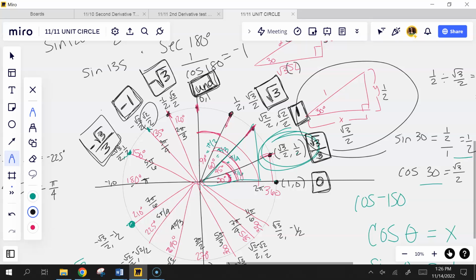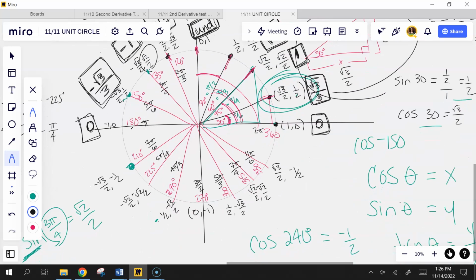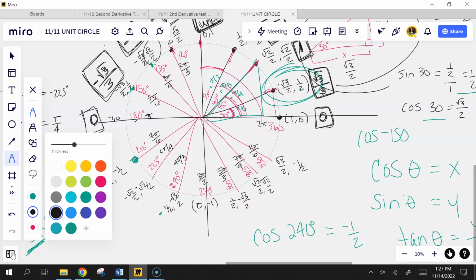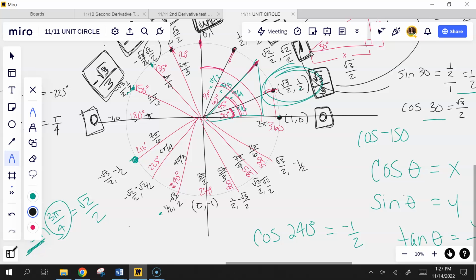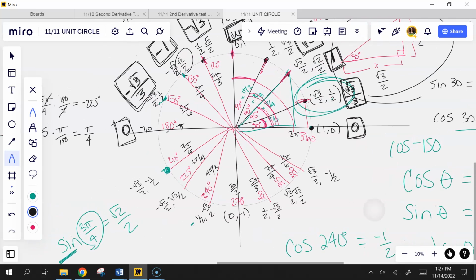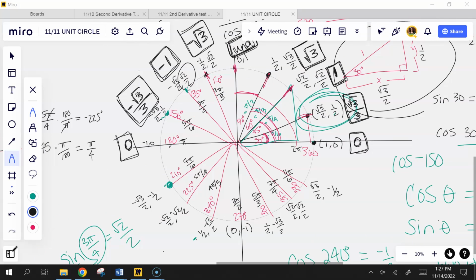You can't have a negative 0. It's just 0. Making my way around. So yes, here the tangent's going to be positive, so it is square root of 3 over 3.